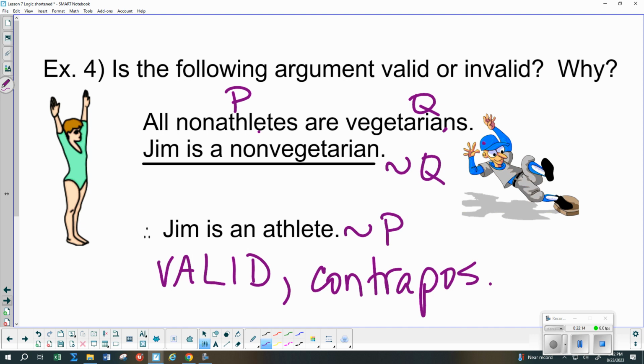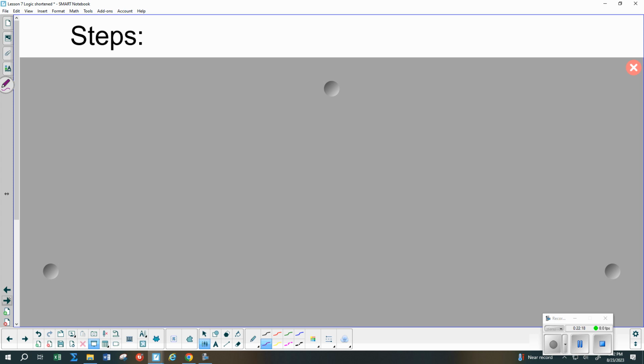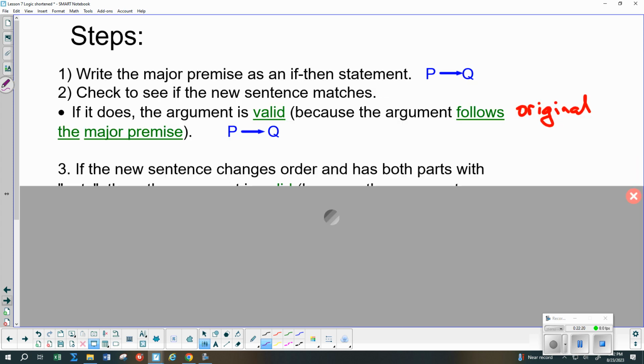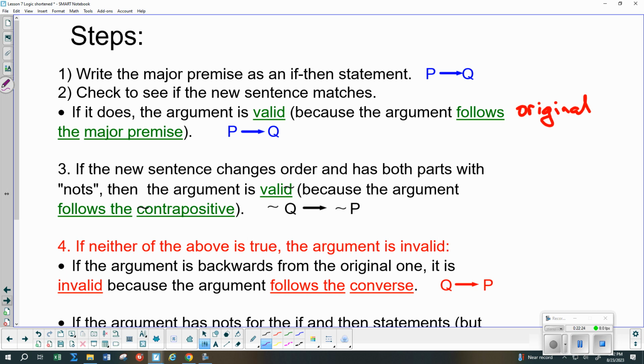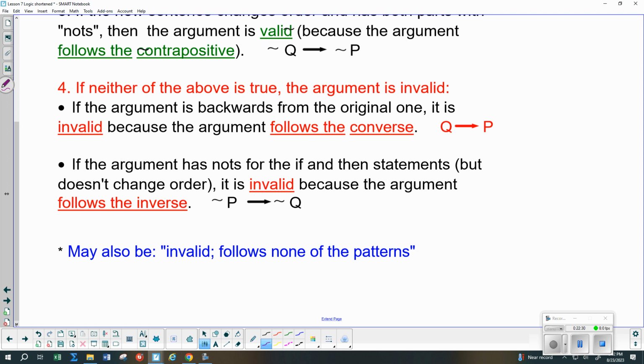Last thing I'm going to put up, if I were you guys, I would not do all of this writing because I think you've got everything except the very last sentence already in your formula page where you wrote it in a much more concise form of what all the different possibilities are. The one I want to point out to you, there's at least one problem coming up in one of the sets that is going to be invalid, none of the above. It doesn't follow any of our patterns.